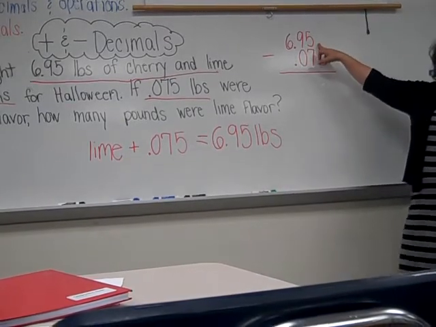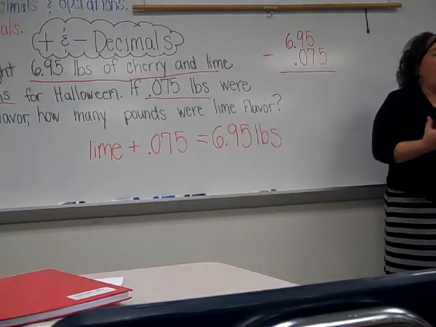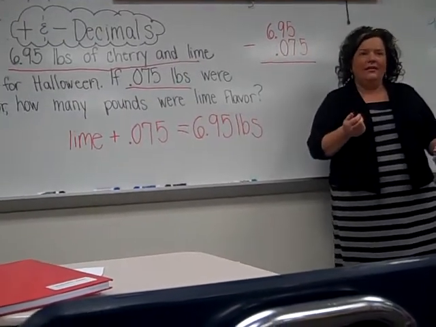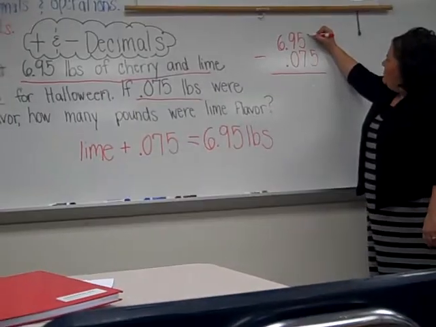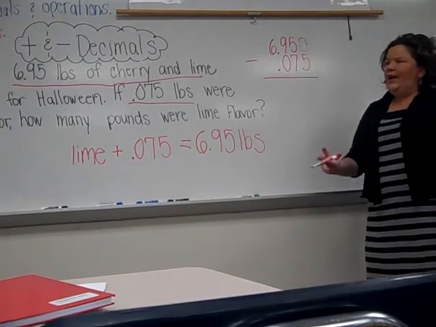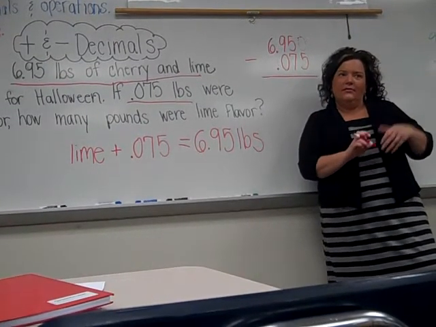I notice there's no digit here. If there is no digit there, what number would that represent? Marianne? 0. Perfect. So I'm going to put my little imaginary 0 there just to hold that place value, so that I don't get confused when it comes to subtracting. Cool?